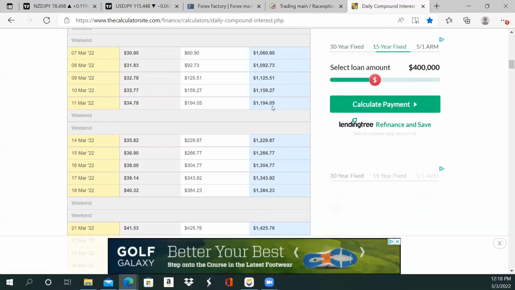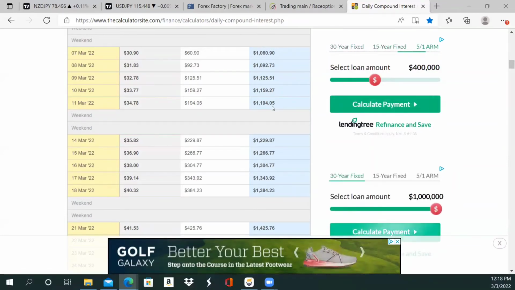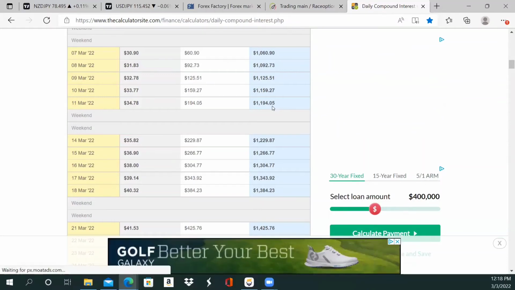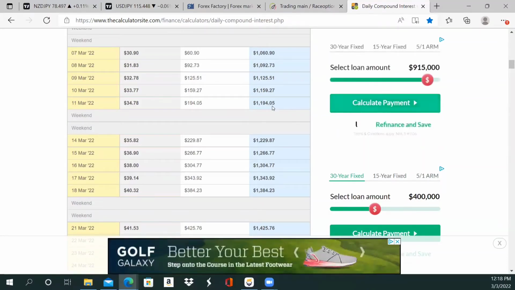I'm not saying that they're not good, because I like their educators. But what happens is students end up going to various educators for the day, and before you know it, they end up confused because they don't know what strategy they're following. Everyone's strategy is a winning strategy. That's the easy part. Finding a strategy is really easy.